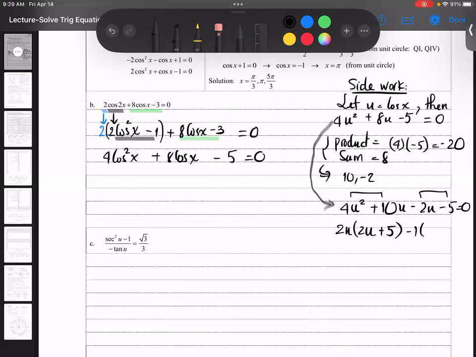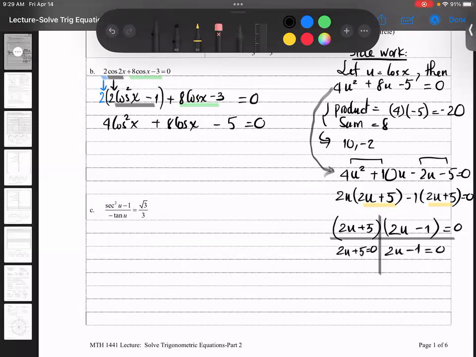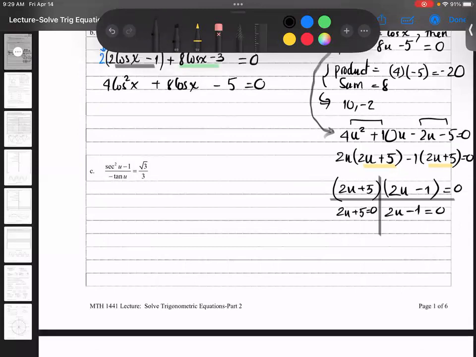Now you have another common factor, 2u plus 5. So 2u plus 5 times what's left over, 2u minus 1. So 2u plus 5 equals 0, or 2u minus 1 equals 0. Subtract 5, divide by 2: u is -5/2, and u is 1/2.